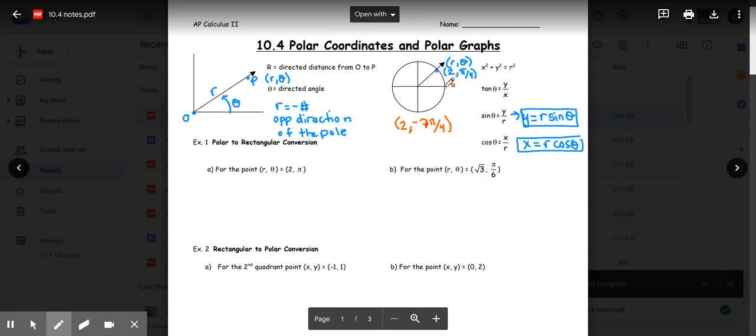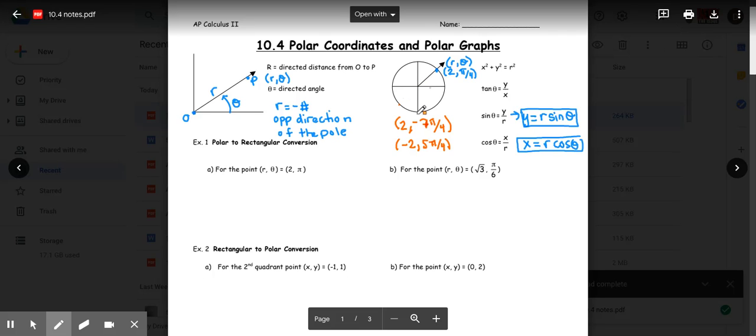Now, you can go to this point here, directly across, and go backwards. To go backwards, that means our r would be -2. So let's think of the angle that way. If we're going forwards, that angle is 5 pi over 4, and then you would go a directed distance of -2, because if we're here, we need to go backwards from that pole.